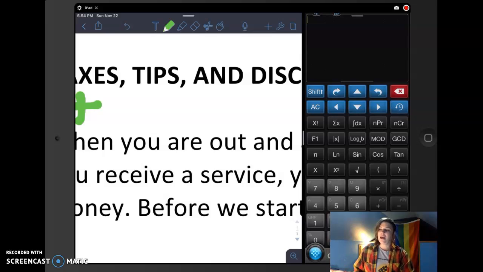Most commonly, people would tip at a restaurant. So these days, maybe you would get a delivery, right? You get somebody to deliver a pizza to you, and you would choose how much extra money you want to give that person because you really appreciate the service and you know that they're not making a lot of money.